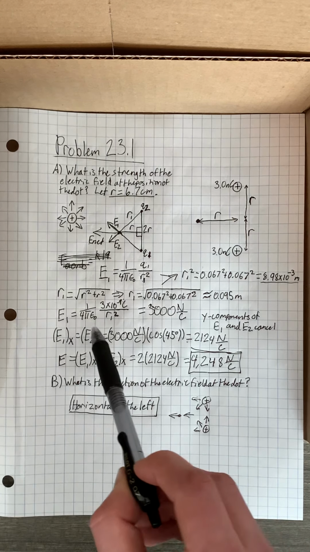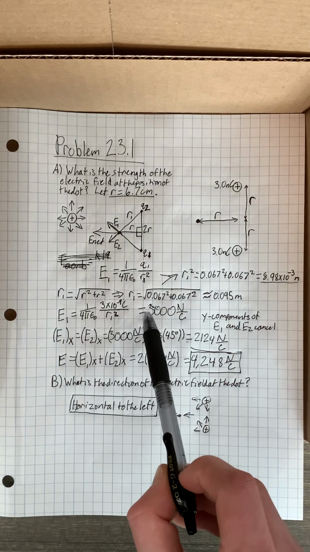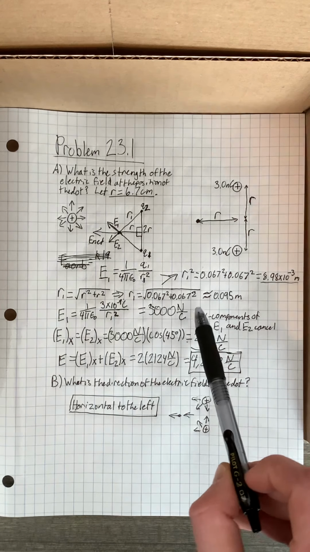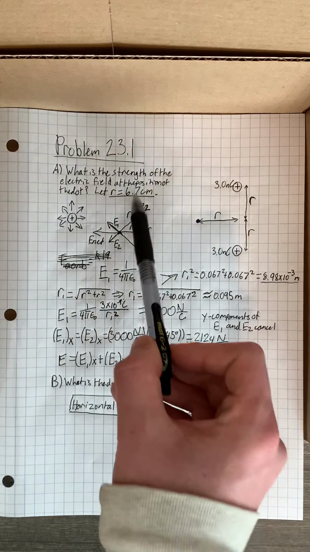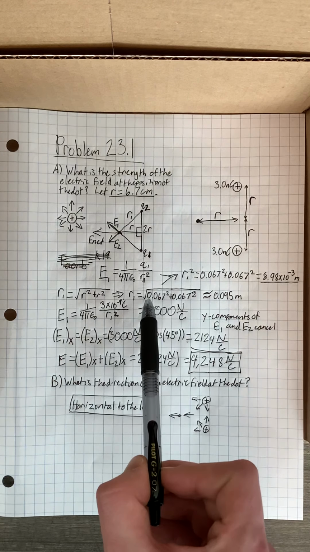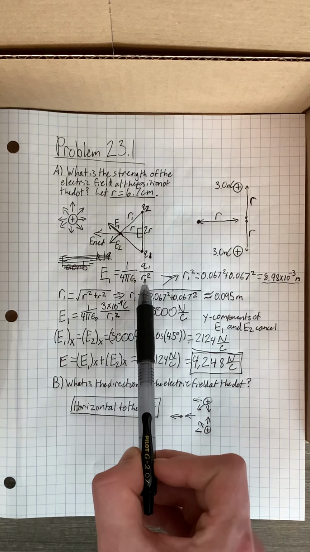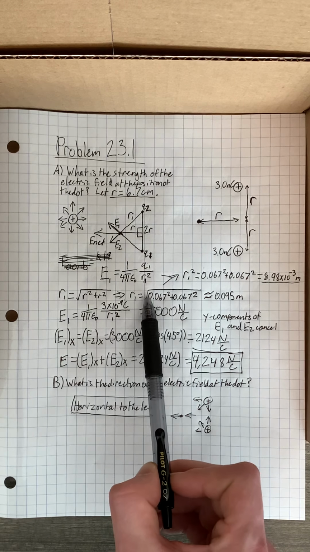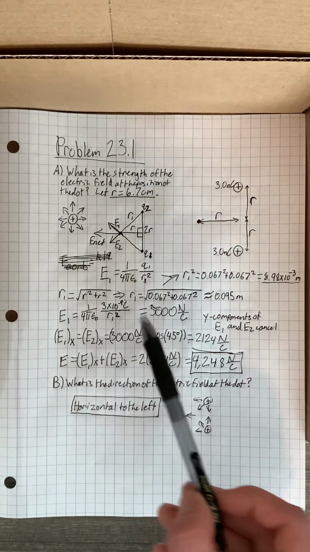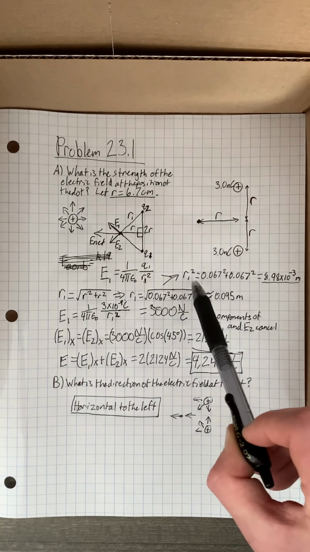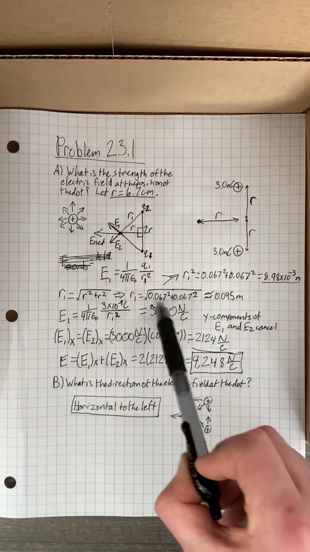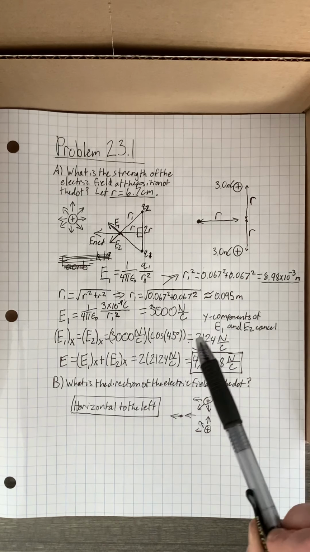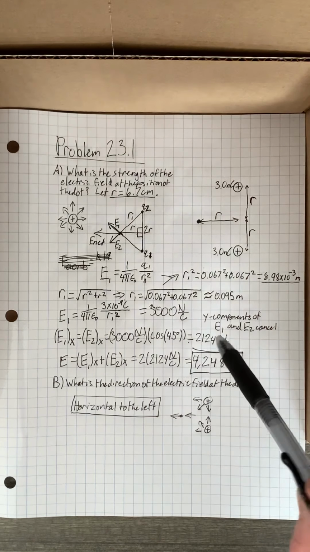We get that R1 is equal to the square root of 0.067 squared plus 0.067 squared meters, because it's 6.7 centimeters. Since the equation uses the radius squared, we can get rid of the square root sign, and R1 squared just becomes the term inside of the square root, which is equal to 8.98 times 10 to the negative 3 meters squared.